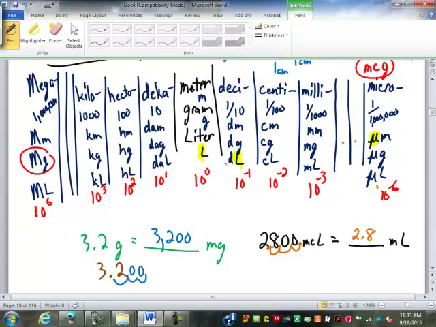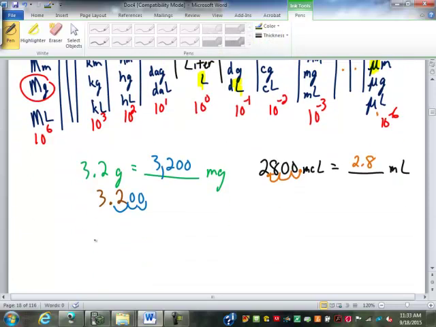So let's take 5.07 milligrams and convert into grams. Well, what power of 10 is milli? It's 10 to the negative 3. Grams are 10 to the 0.